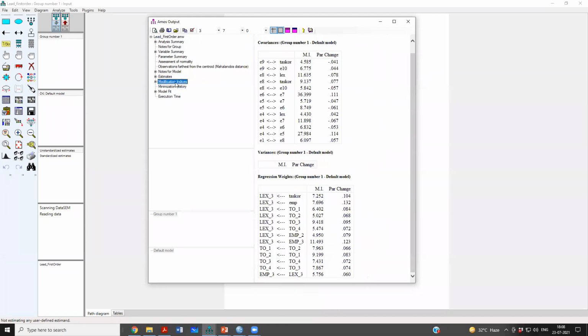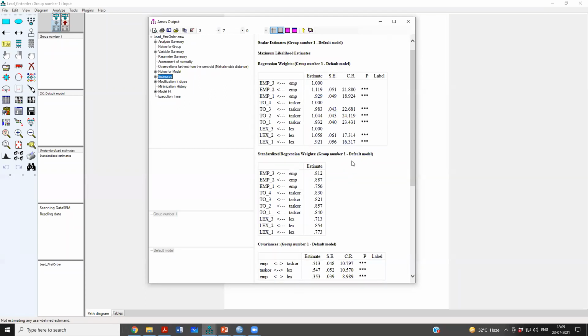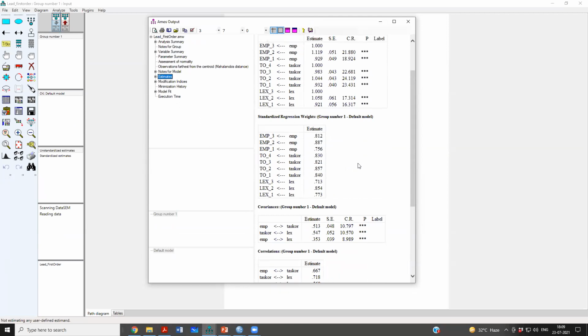These are the correlations. Modification indices, right? Sir, sorry to interrupt you. I want to ask one question from estimates. Yes. Sir, so when we report CFA in our paper, we report standardized factor loadings, you're saying? Yes, yes.